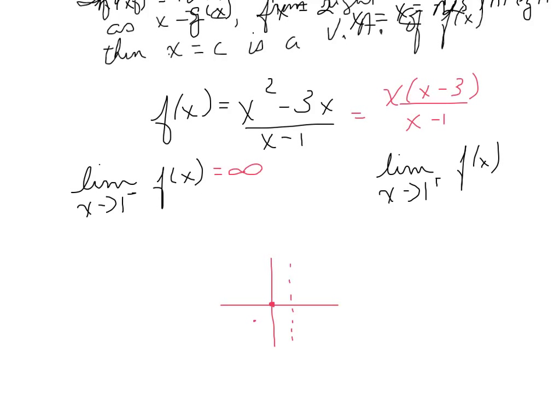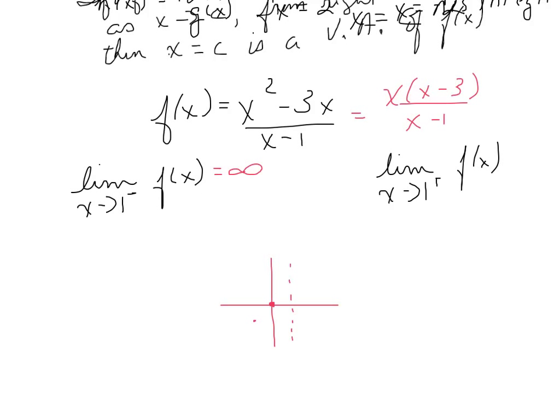Now let's think about it the other way. As I approach 1 from the right, let's just use something easy. You could use fractions if you want to, but let's use 2. If I use 2, I'm going to have a positive times a negative over a positive, so is that negative or positive?